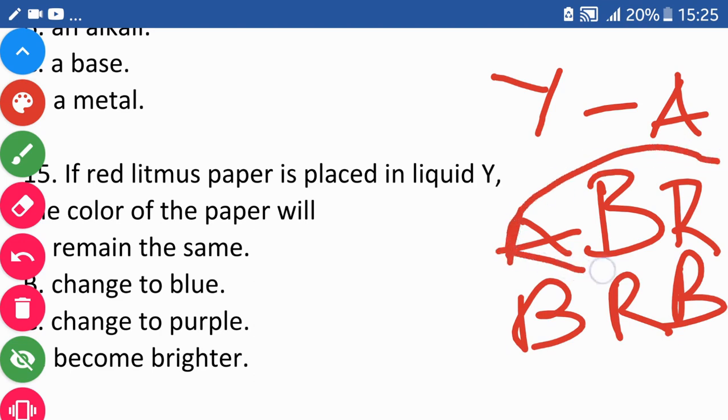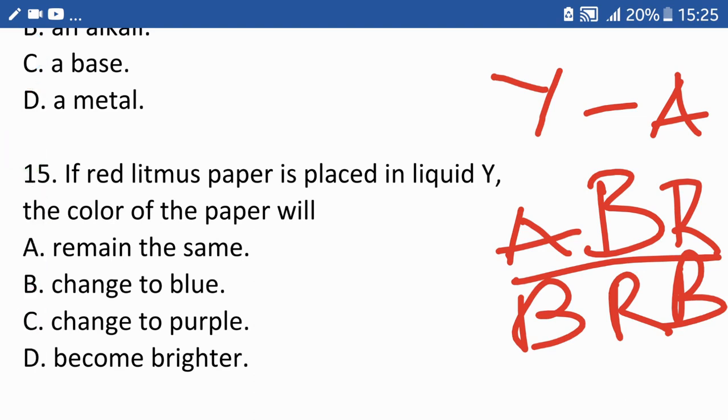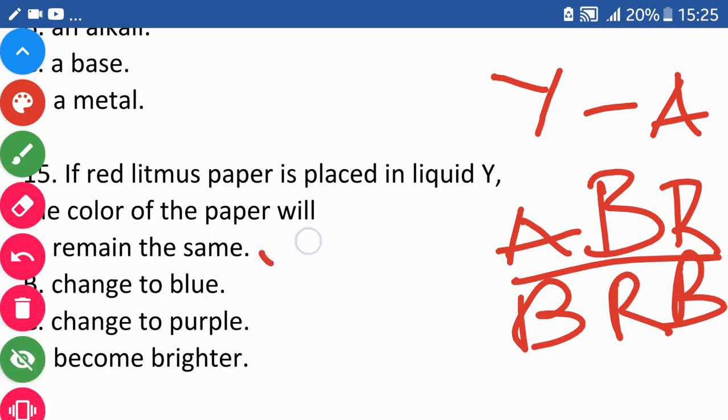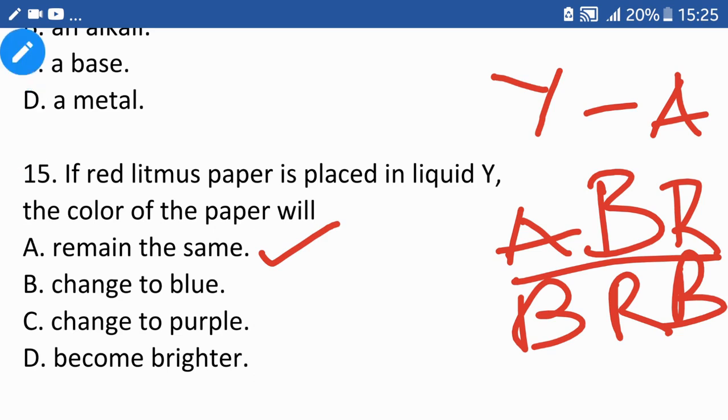So if acid turns blue litmus paper red, and you put a red litmus paper in an acid, there will not be any change. Acid can only turn blue litmus paper red. So it will remain the same, and the answer is A.